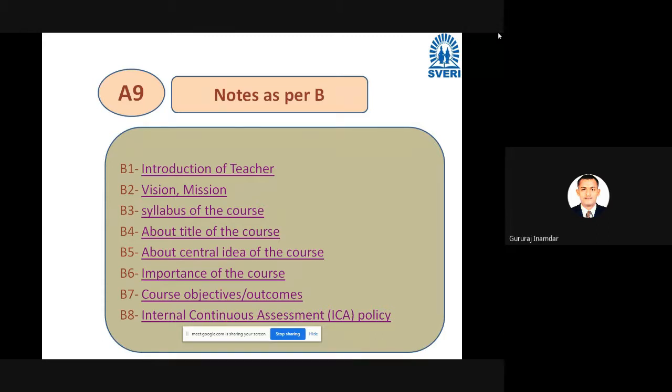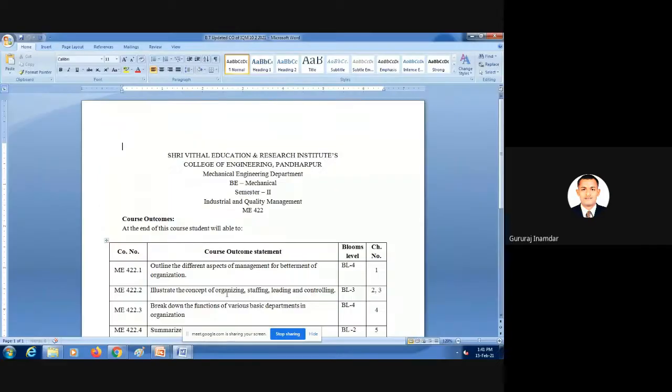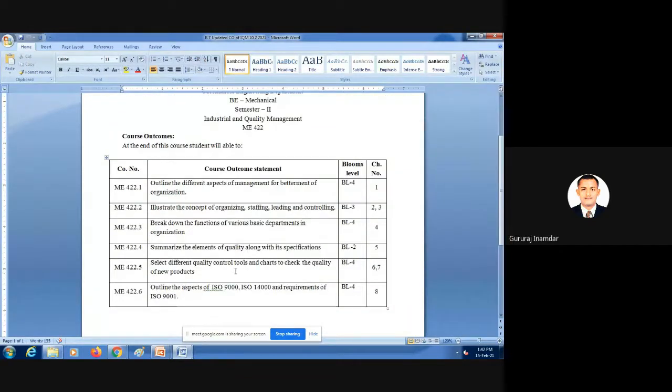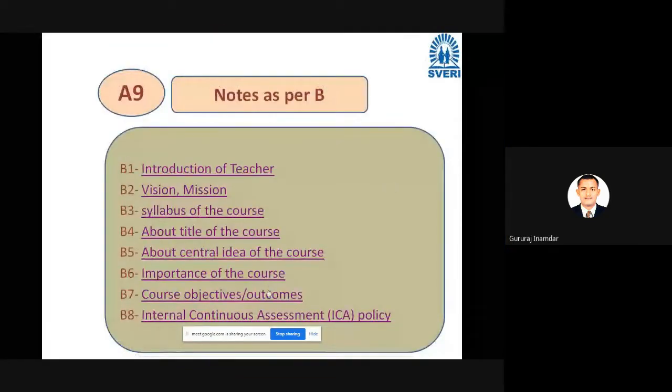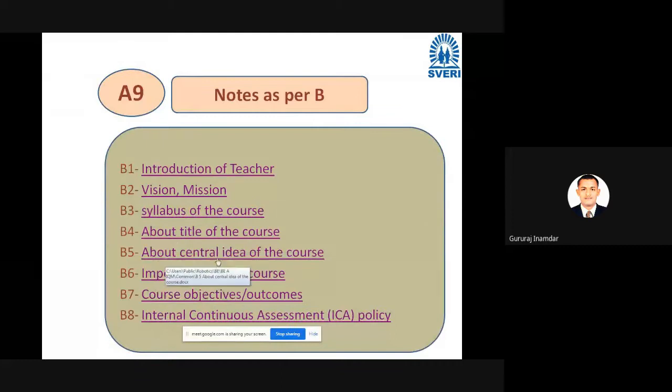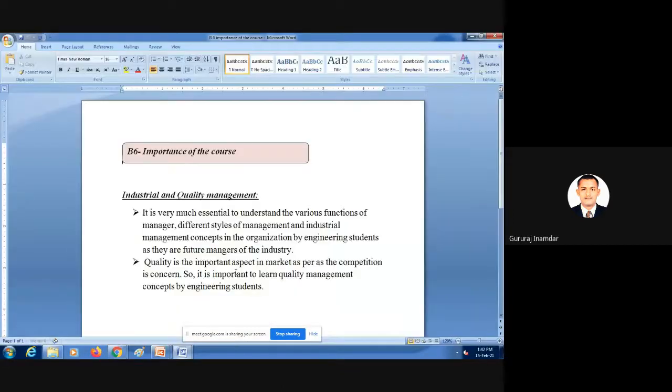This is a very rigorous point. First of all, we will see the course outcomes of that syllabus, and the importance of the course.